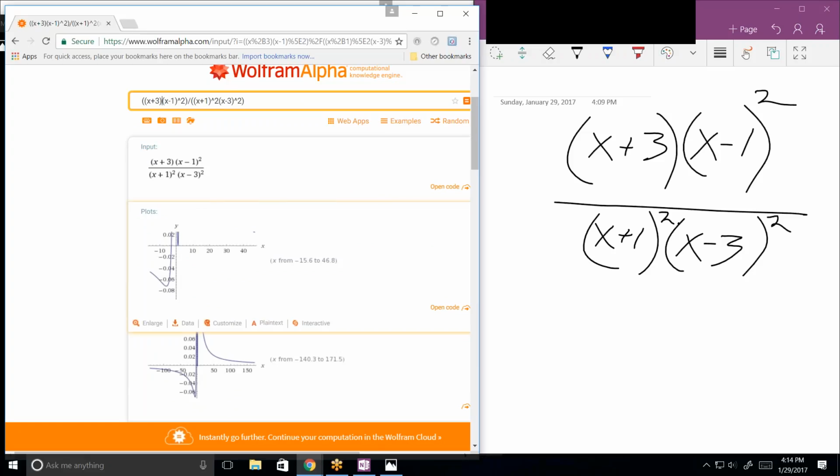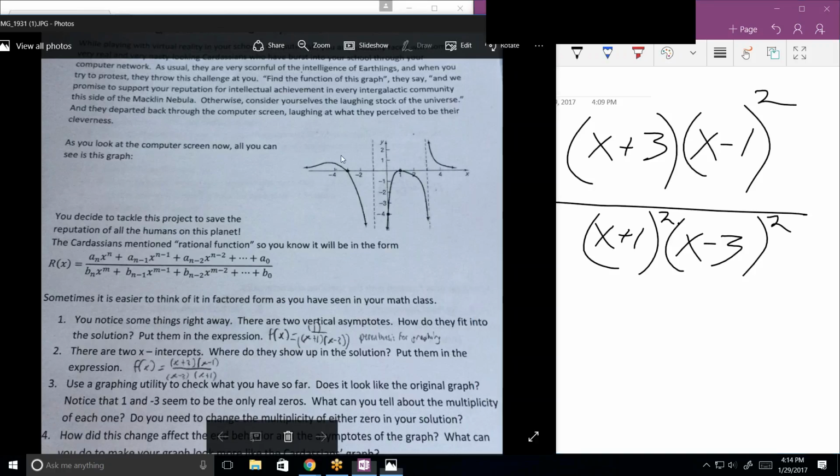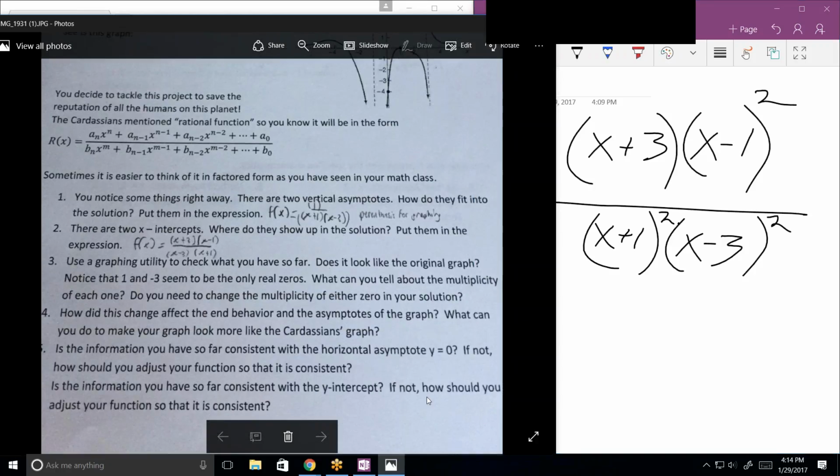No. Okay. Let's have a look back at their question here. In other words, our function that we came up with satisfies number 1, satisfies number 2, and satisfies the horizontal asymptotes. Use a graphing utility to check so far.